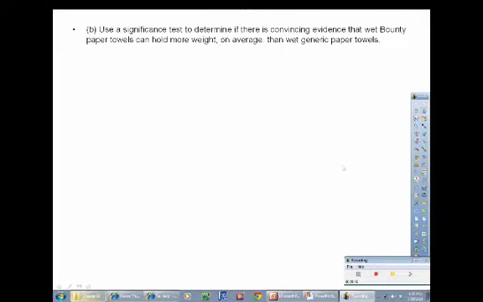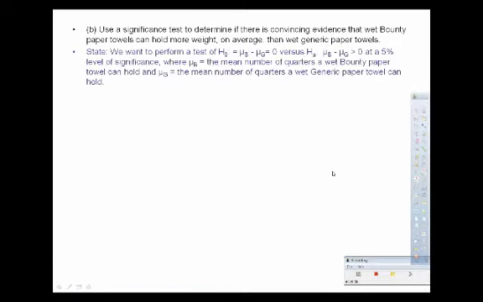Use a significance test to determine if there is convincing evidence that the wet Bounty paper towels can hold more weight on average than the wet generic paper towels. So, state.